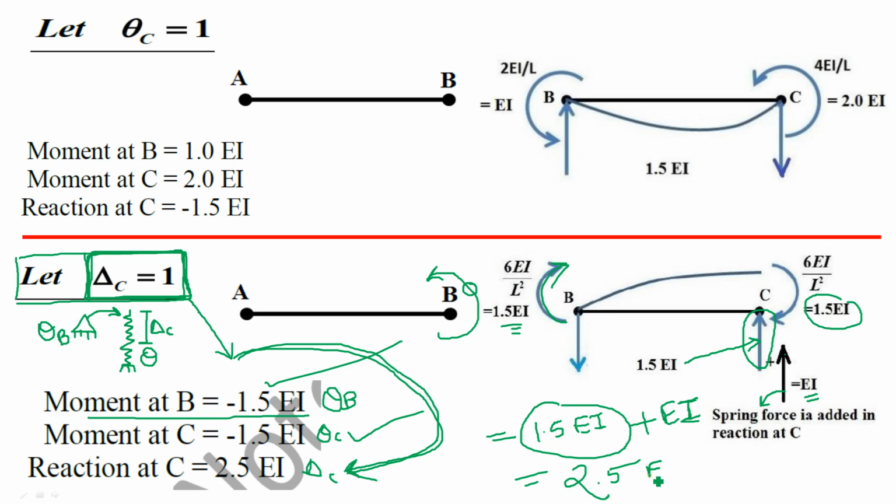If you remove this spring support and use a simple support in this problem, it will be only 1.5. But since a spring support is provided here, 1.5 plus the stiffness of the spring, 1 EI, so total is 2.5 EI. And that's why this element is 2.5 EI.